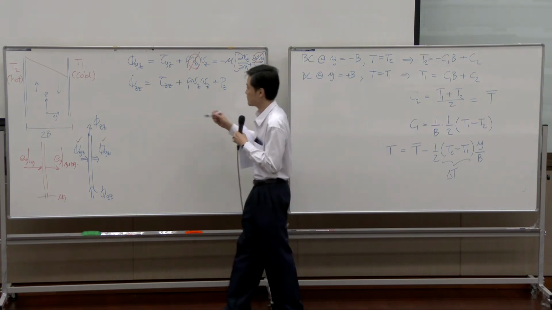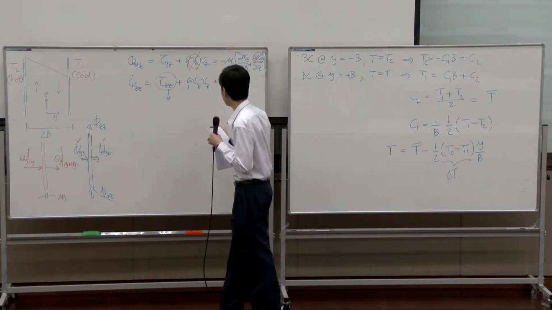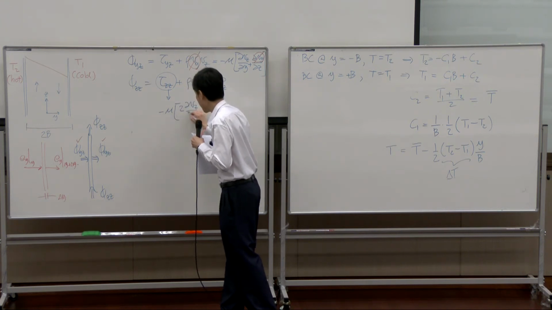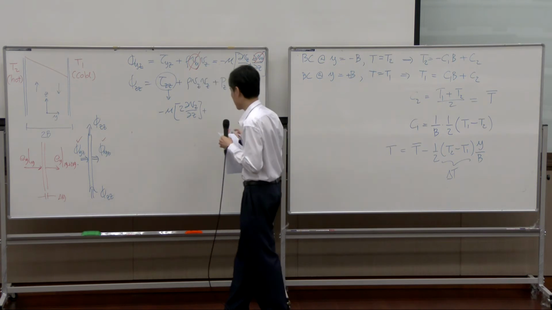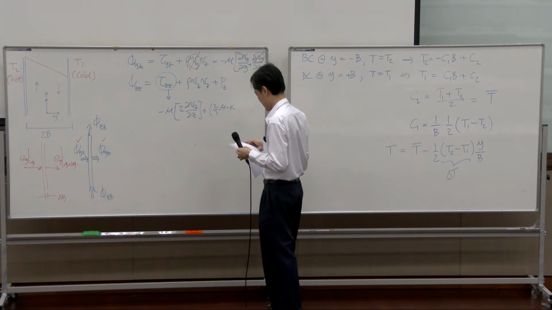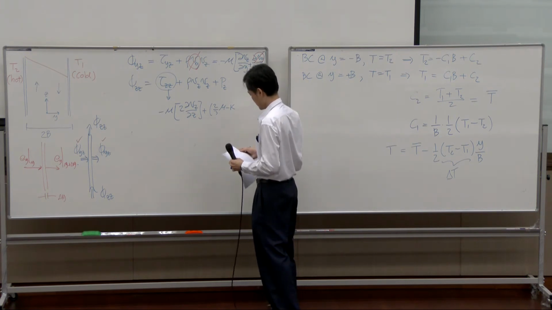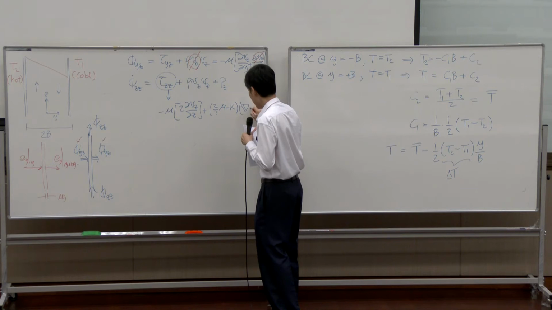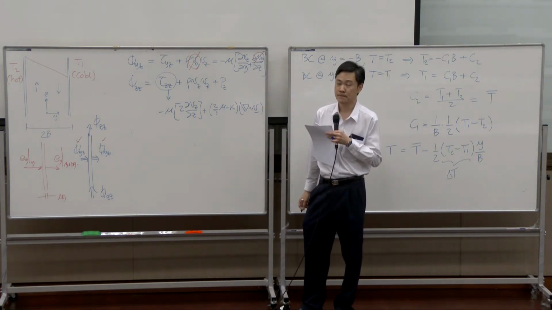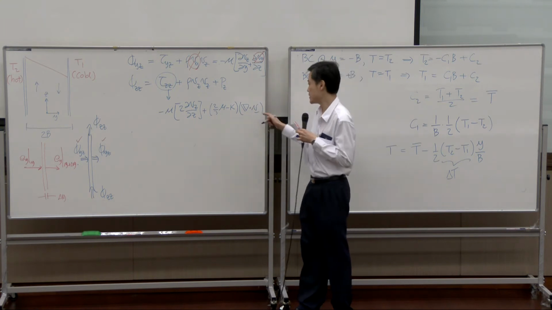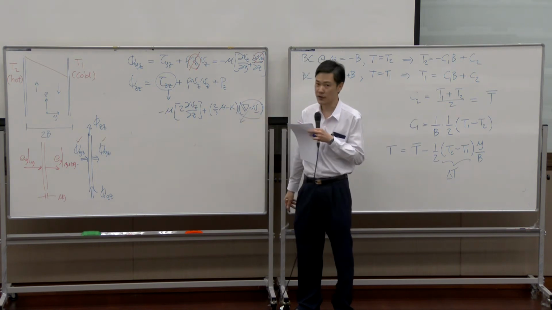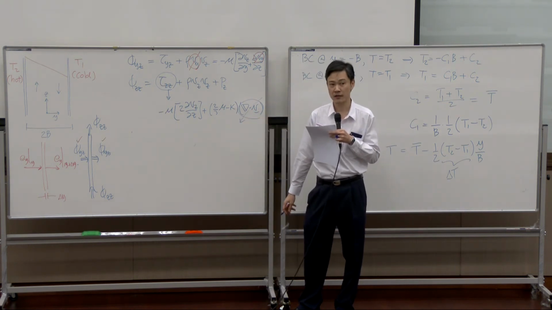For zz, tau zz is minus mu 2 times dvz by dz plus 2 over 3 mu minus k del dot V. If our fluid is liquid, it is incompressible, so this term will be 0 according to the equation of continuity.